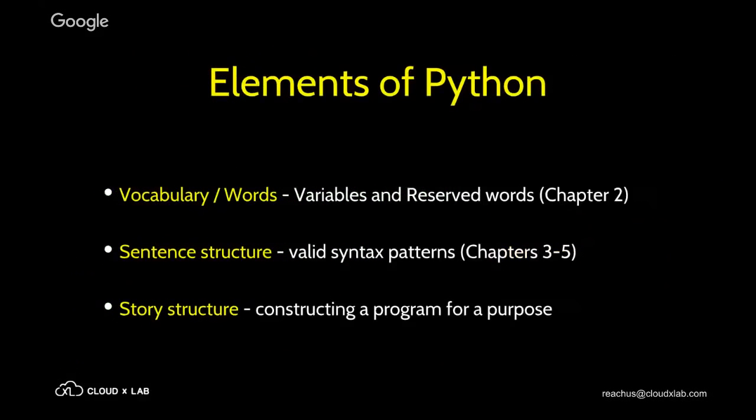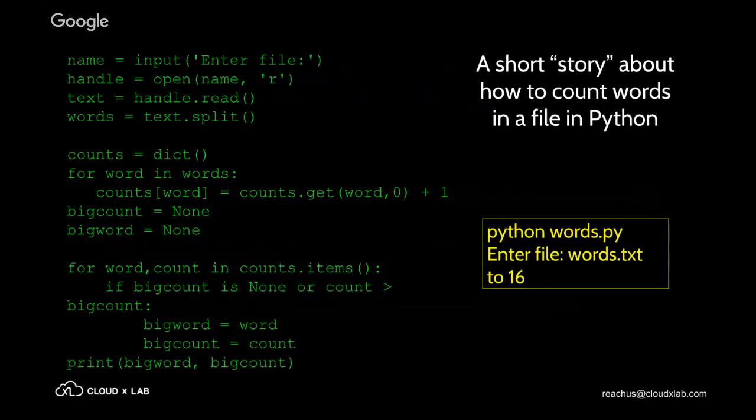Moving ahead, this is how the short story looks. It's a short story about how to count words in a file in Python, meaning the frequency of each word in a given file. What's a file? A file is the smallest representation in the file system on your computer.